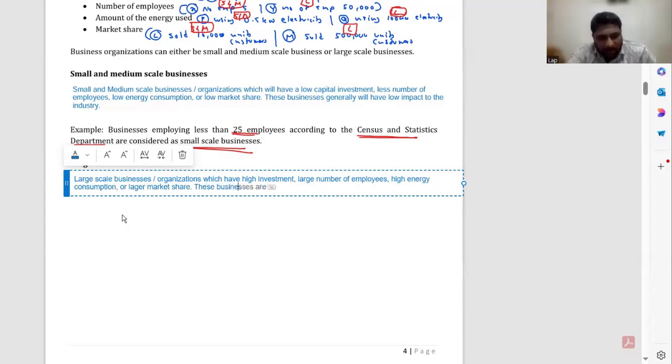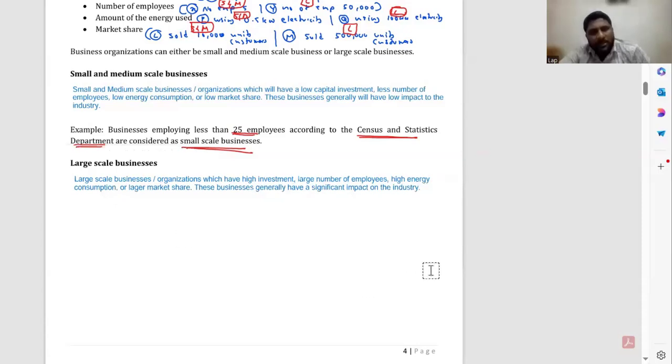These businesses generally have a significant impact on the industry.